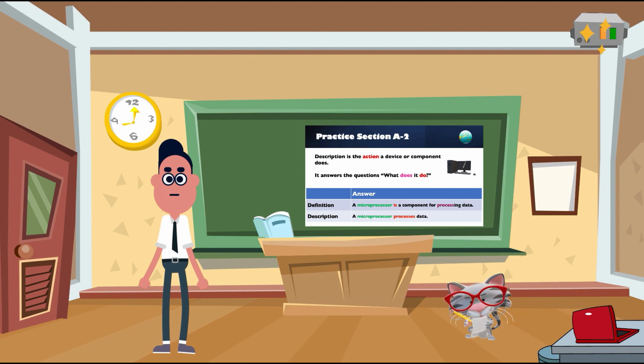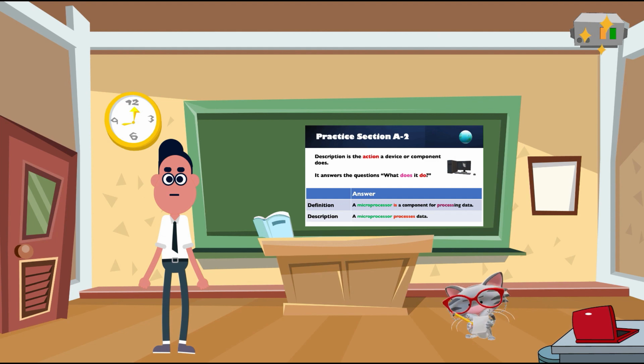Now I'm hoping this is clear and you can follow along. Each word for a computer device or component in this unit, practice section A2, will be given a definition, and that will give us the hint of how to write the description sentence for each device or component.